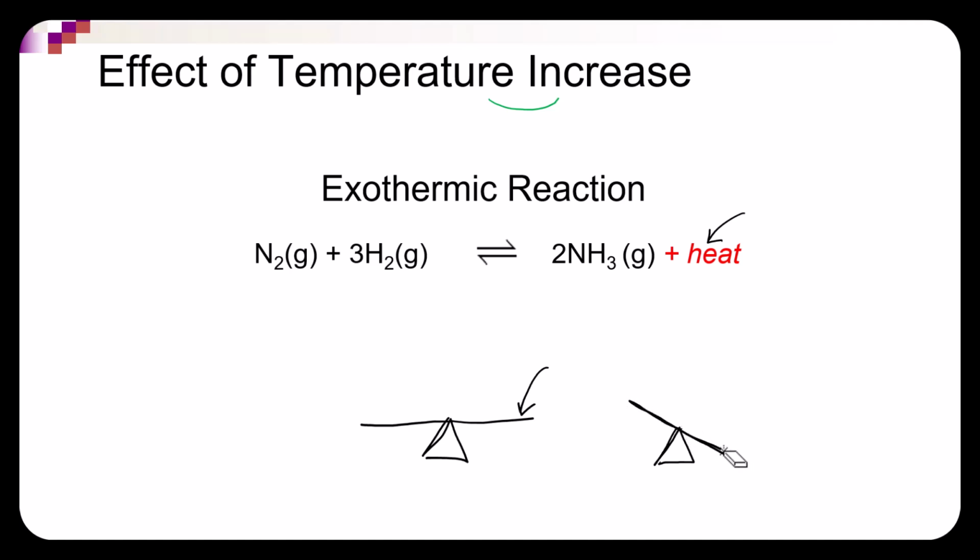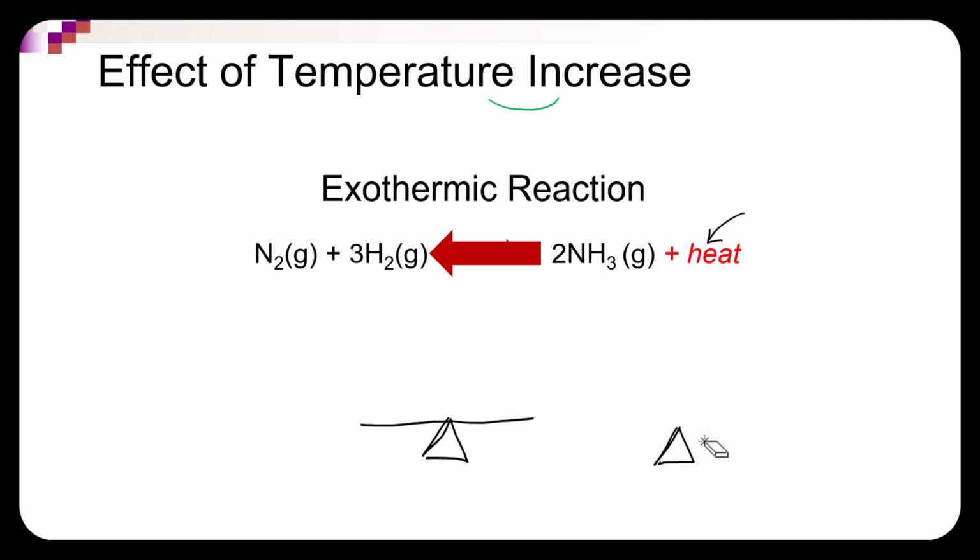They're going to feel heavier. If heat is a product and we're adding more heat, that's going to stress the product side. So to get back to equilibrium, we are going to push towards the reactants, or we are going to make more reactants. The effect of adding heat pushes the reaction towards the reactants.